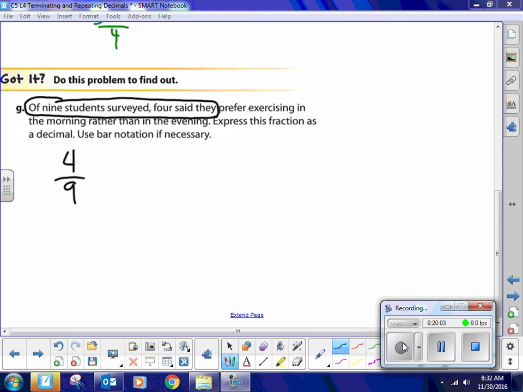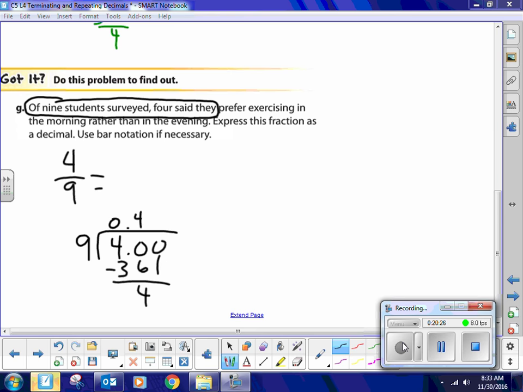And the way that this looks as a decimal is we've got to do the division. Top divided by the bottom. 9 can't go into 4, but 9 can go into 40. 4 times for 36. And uh-oh, here we go. Already repeating.